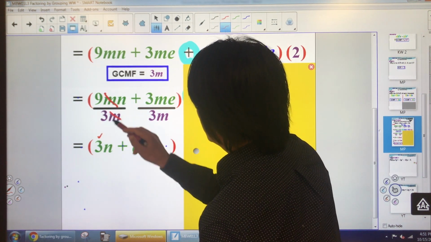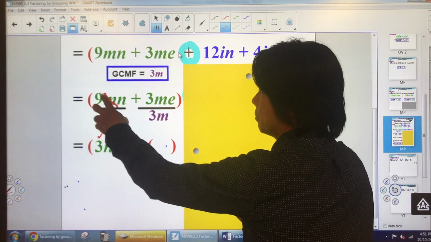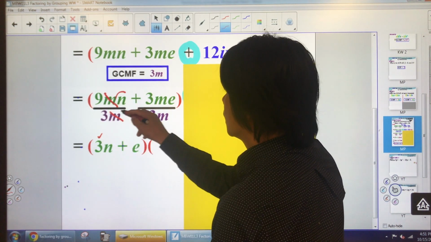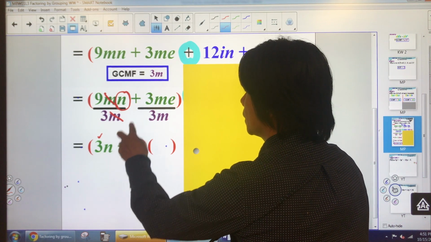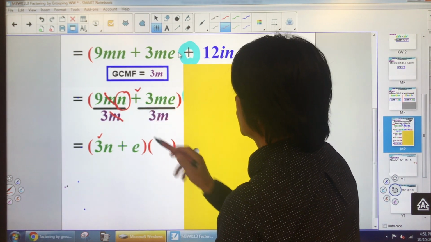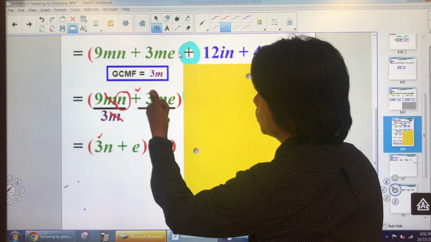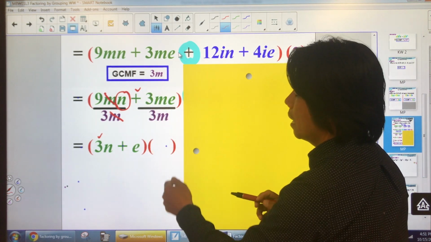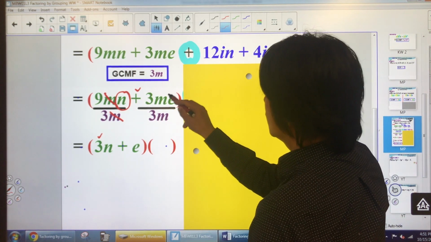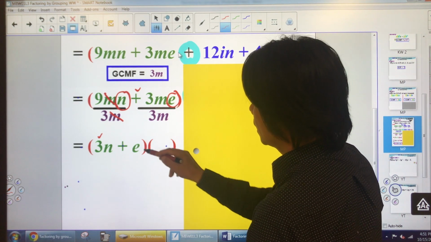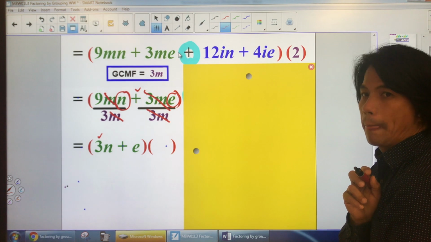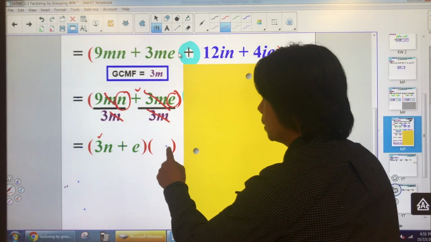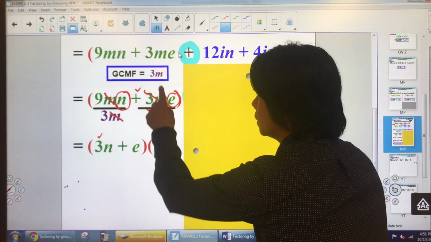M divided by m is 1, they divide out, and n is left there. So we bring it down. Plus, 3 divided by 3 is 1. M divided by m is 1. So e is by itself now, so you bring it down. Right? And what do we put inside this parentheses? The GCMF.